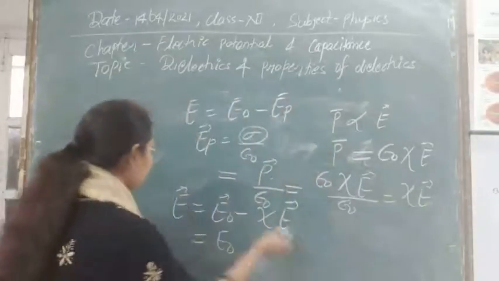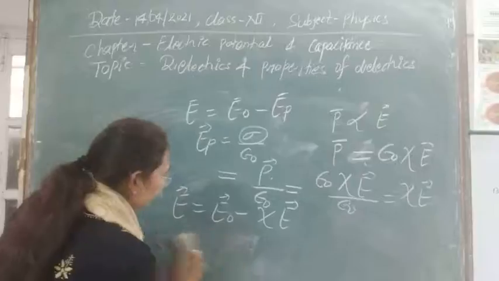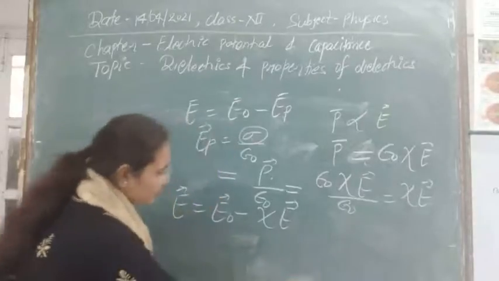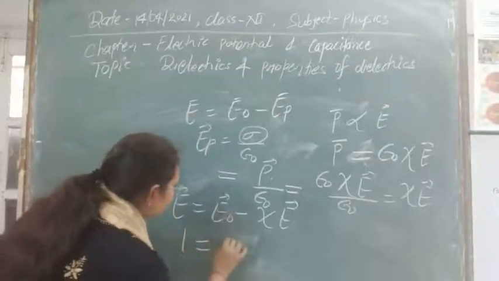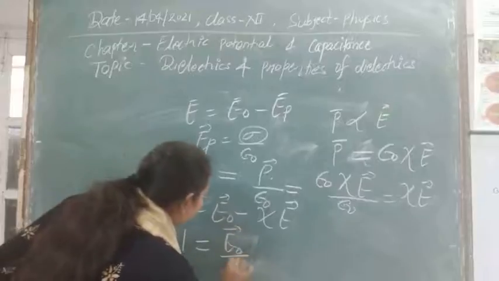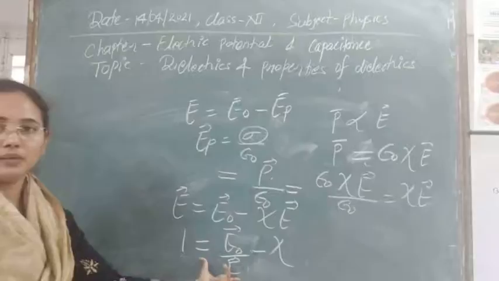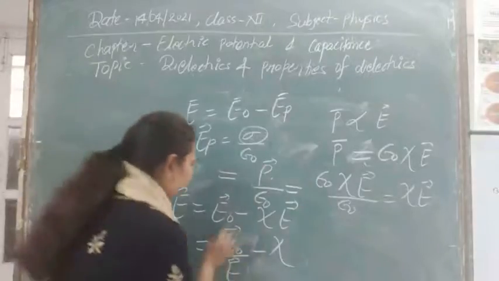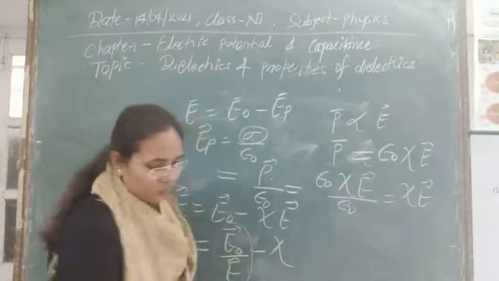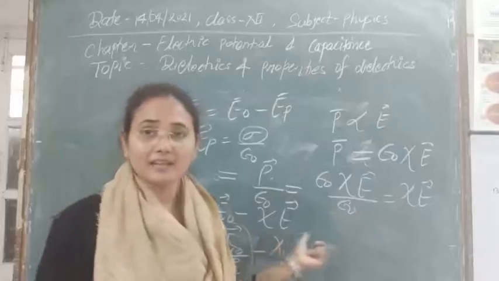If we divide this whole equation by E, we obtain this value. Now, this value is equal to the dielectric constant.